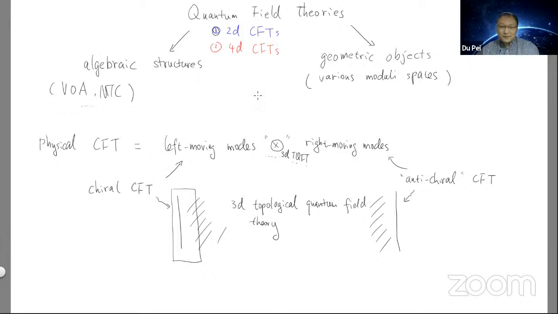So by 2D CFT here, what I really mean is 2D chiral CFT coupled to 3D TQFT. And we will use this system in this lecture to relate VOA and modular tensor category with some moduli spaces.